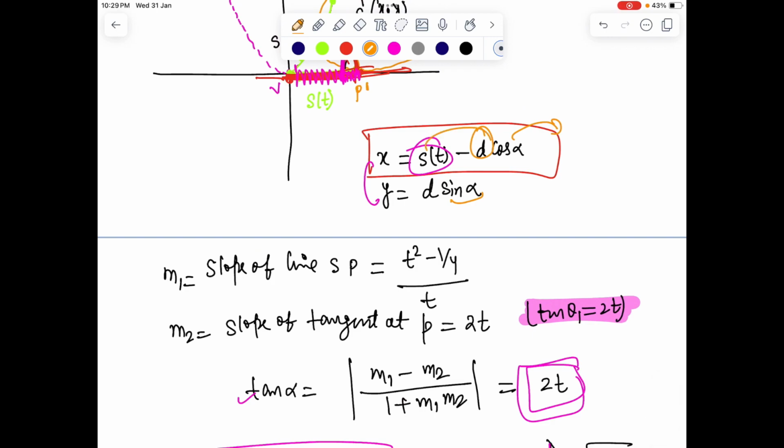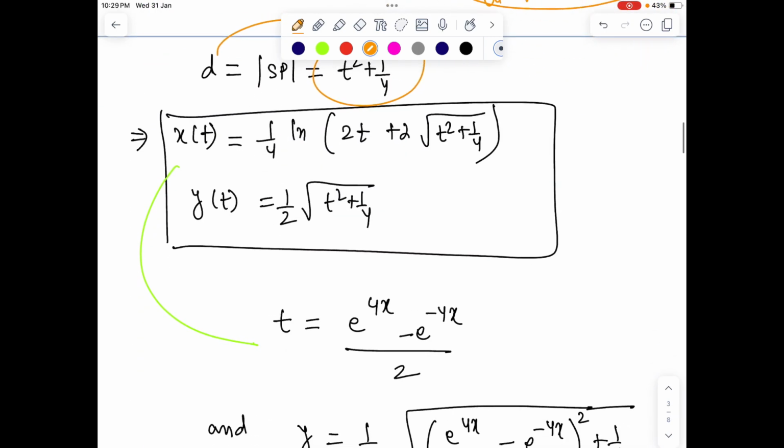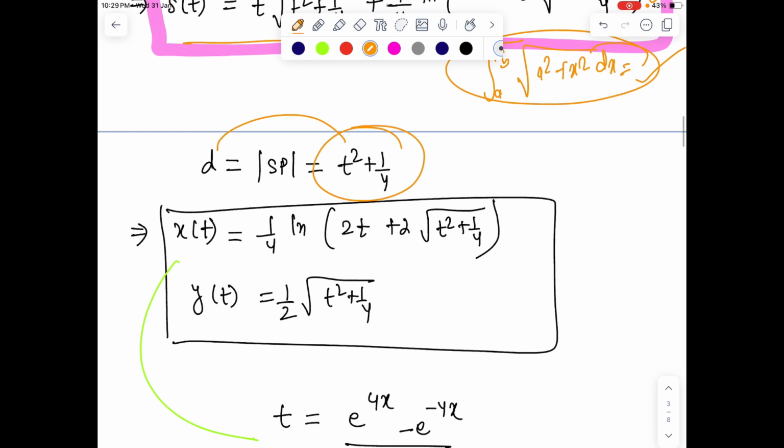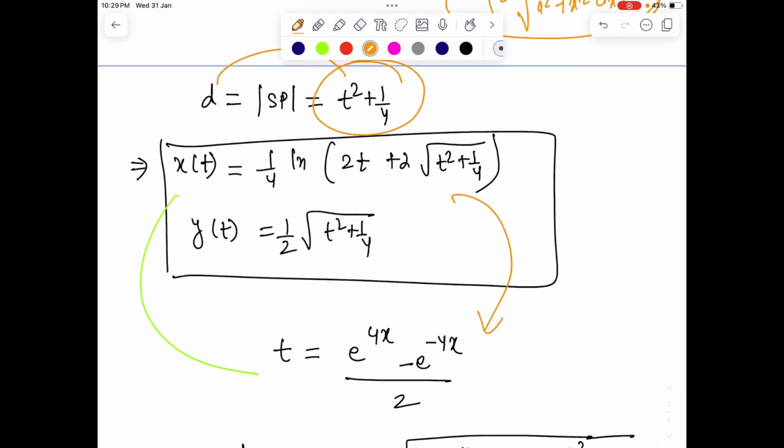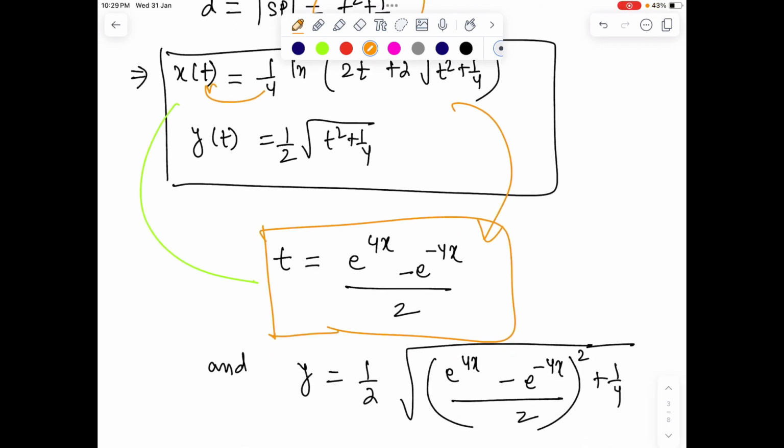Now plugging the values of d and s(t) here, the values of x and y are not that complicated. So x(t) we are getting is 1 by 4 ln(2t plus 2 root t square plus 1 by 4), and y(t) is half root t square plus 1 by 4. From the first equation we can easily eliminate t, because the 4 goes to that side, and so e to the power 4x equals 2t plus 2 times this, e to the power 4x minus 2t.